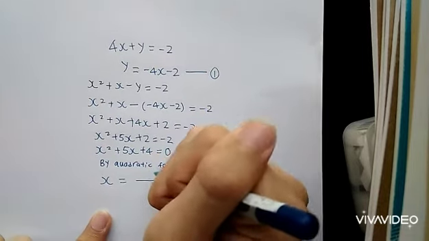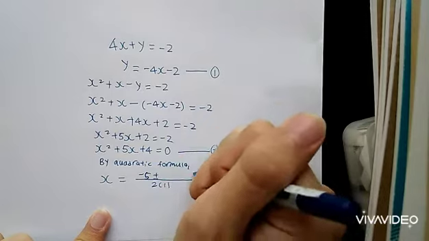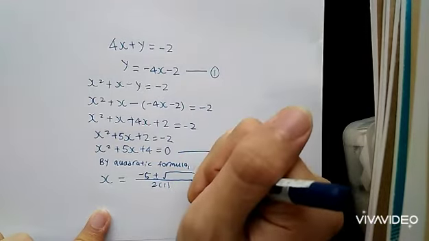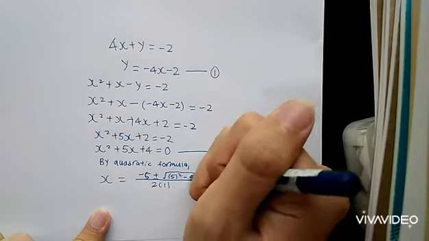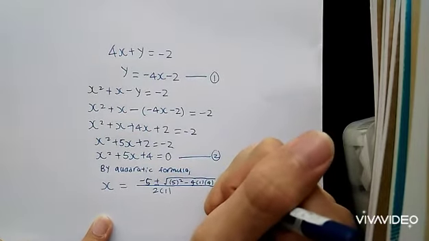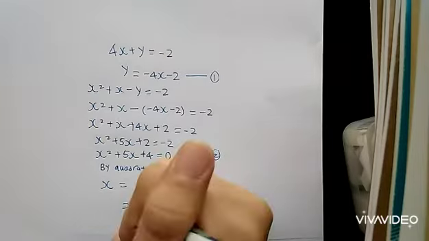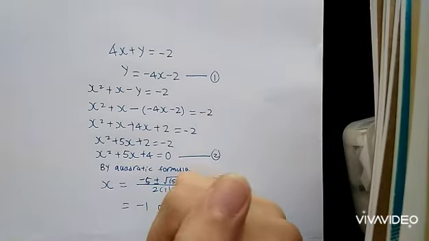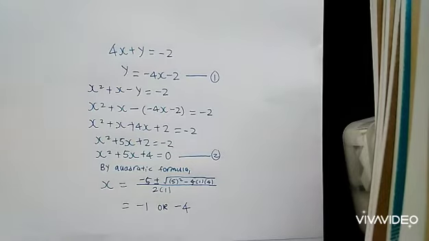It's very good if you'll be able to memorize this because it's going to help you in many questions later on. So it will be b squared minus 4ac. Now you're going to calculate this using a calculator and you'll get x equals negative 1 or negative 4. There you go, half the question done.